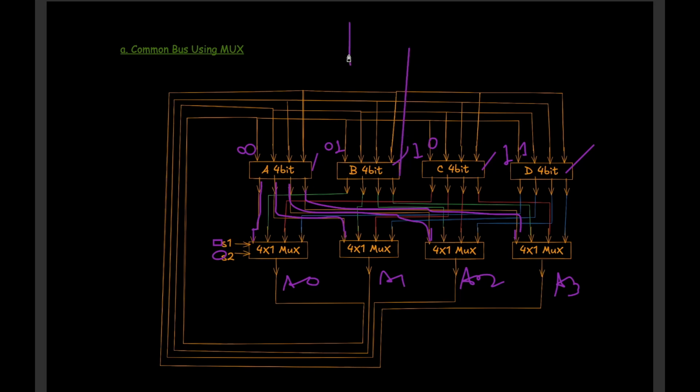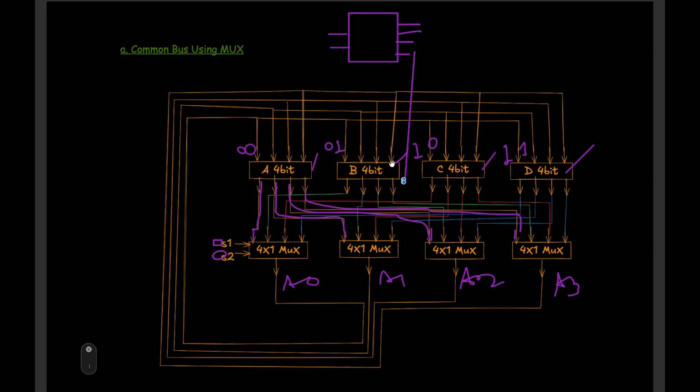To turn on the load signal of B, we use another decoder. This decoder will select which register is to be loaded.